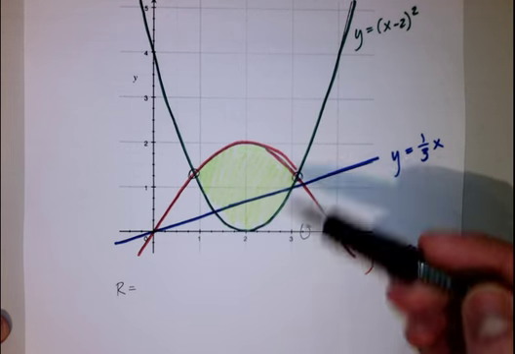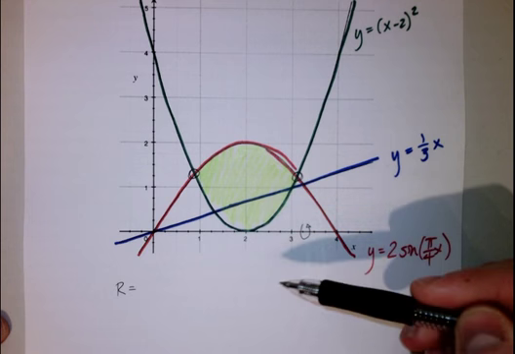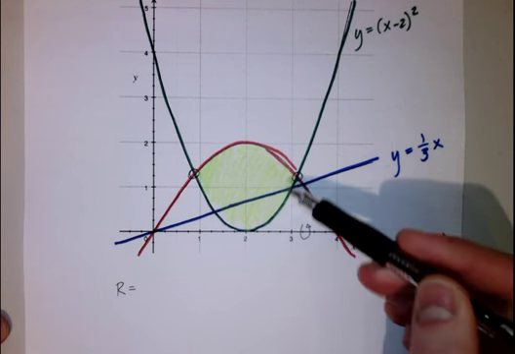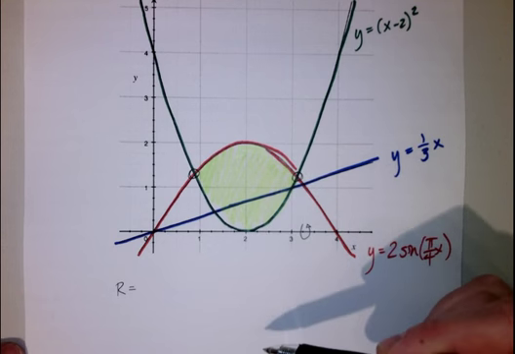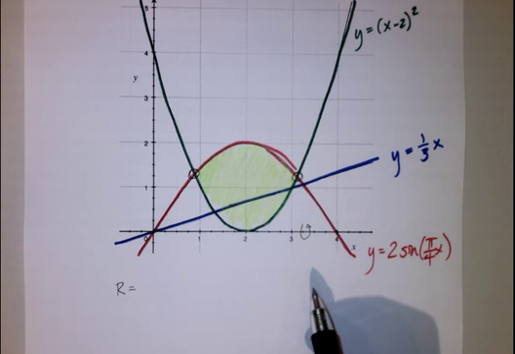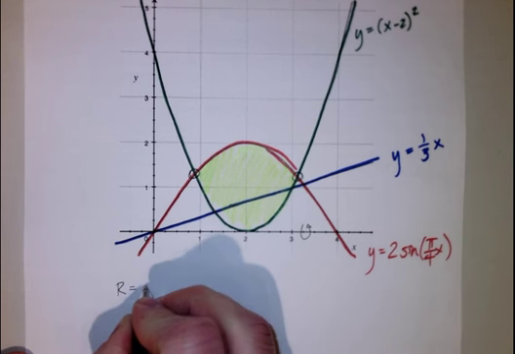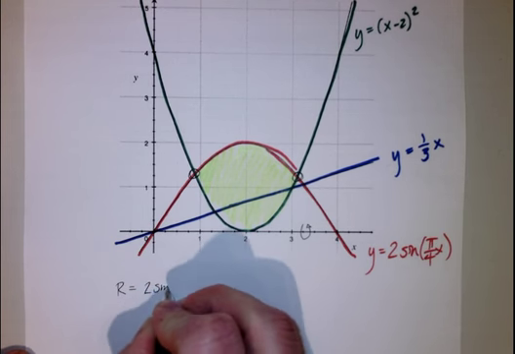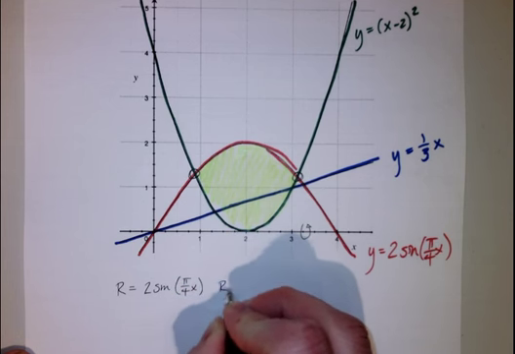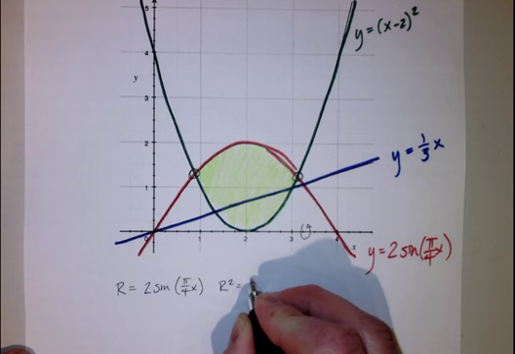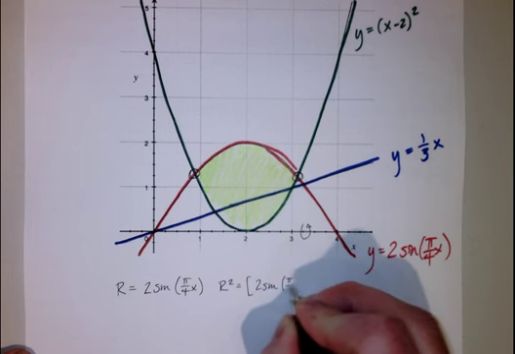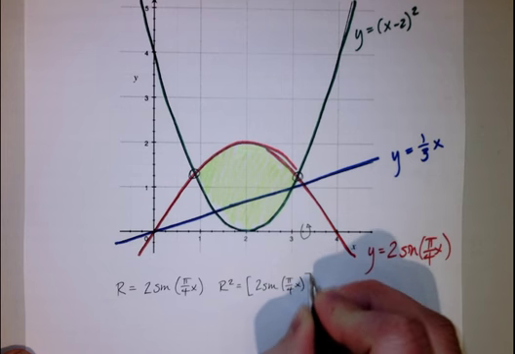As it spins around the x-axis, that red curve is going to form the outer shell of the solid of revolution. So our big R is going to be 2 sine(pi over 4 x), and R squared is (2 sine(pi over 4 x)) squared.